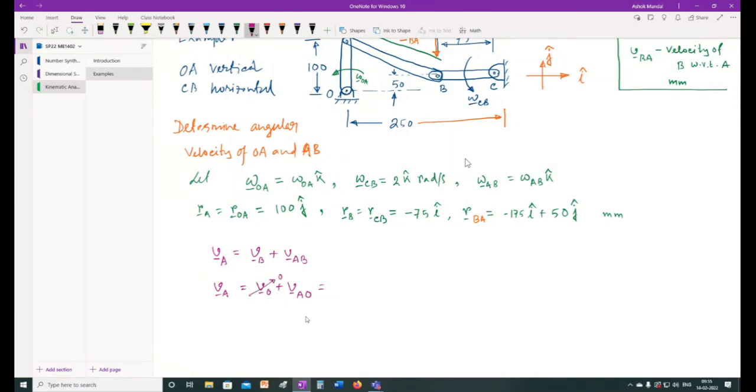If it is rotating with respect to a fixed point, that point's velocity is obviously 0. So we generally write that this is the velocity of point A.